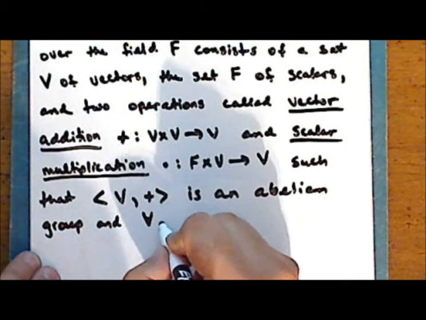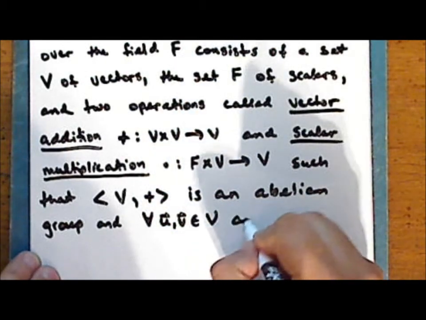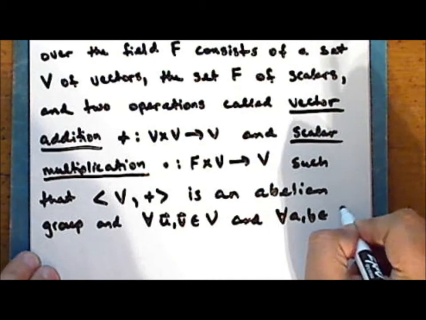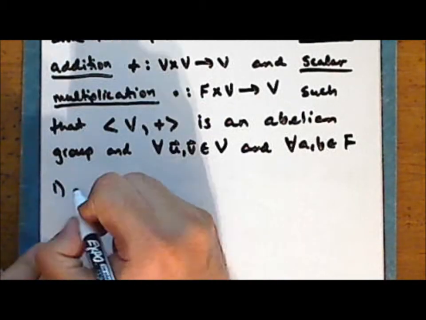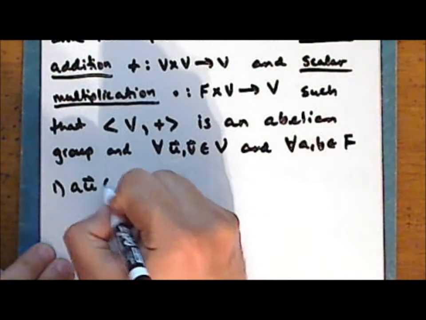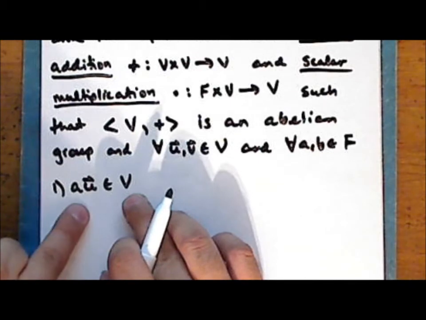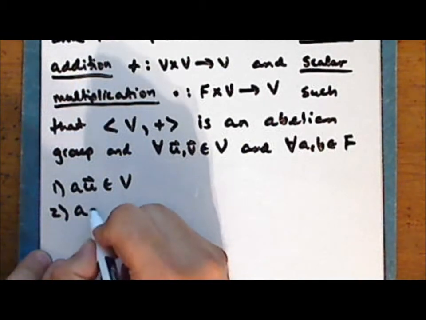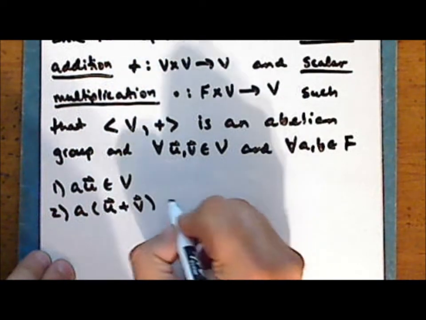And for every pair of vectors, U and V, in the set V, and for every pair of scalars, A and B, in the underlying field F, the following are true. The set of vectors is closed under scalar multiplication. Scalar multiplication is distributive over vector addition.